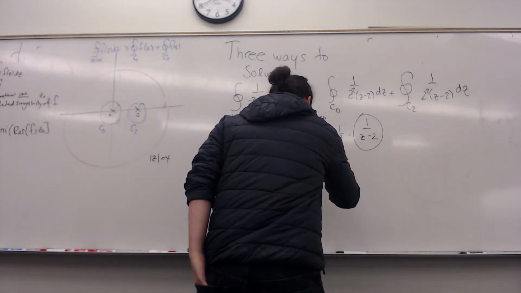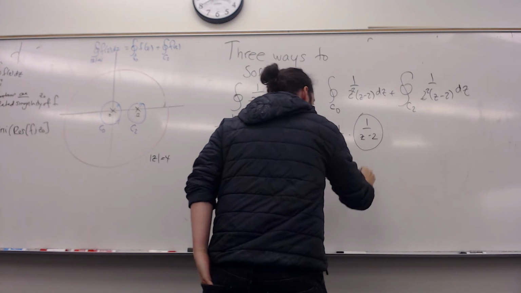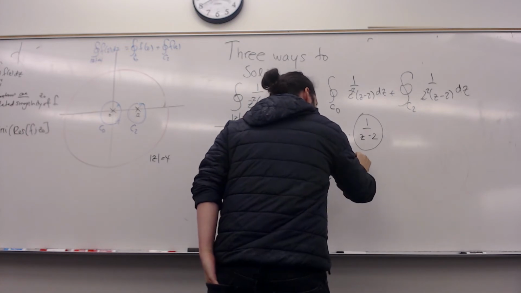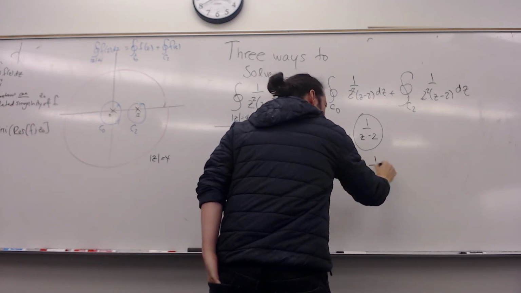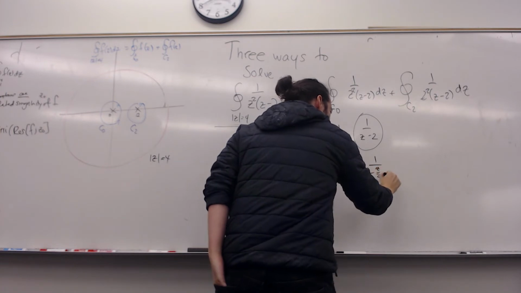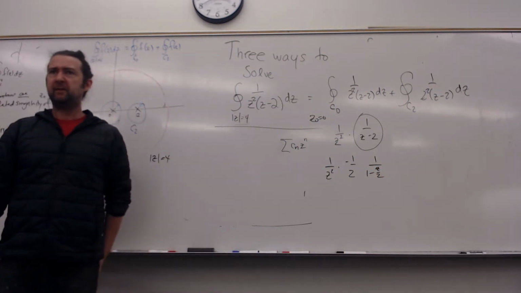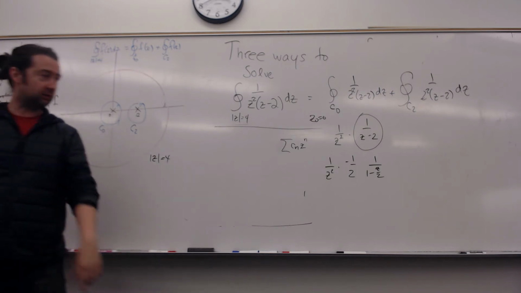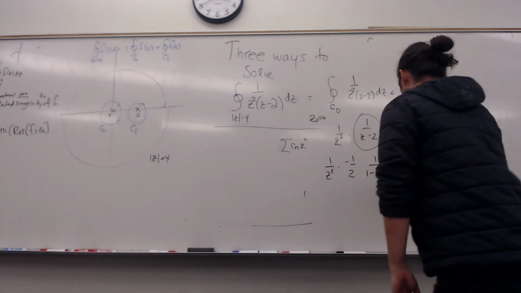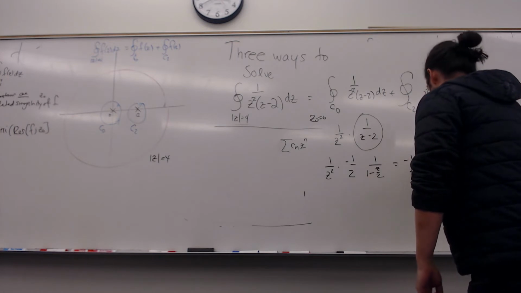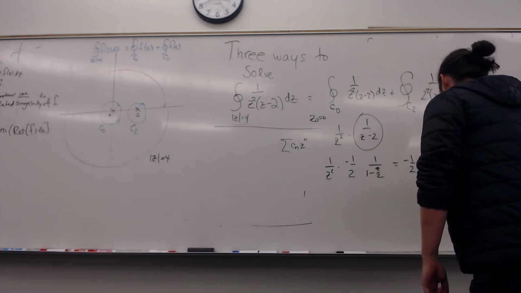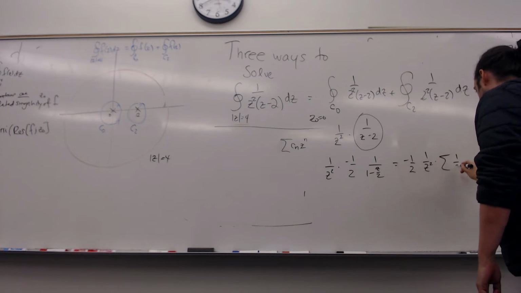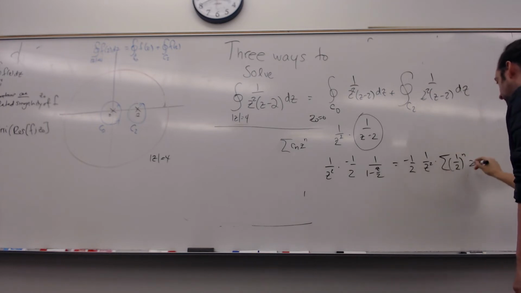Okay, so I get 1 over z squared times minus 1/2 of 1 over 1 minus z over 2. Now I can use the geometric series to say that this is minus 1/2 times 1 over z squared times the sum of (1/2) to the n, z to the n.